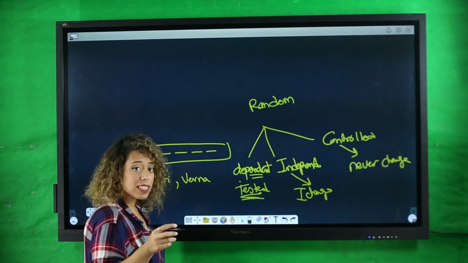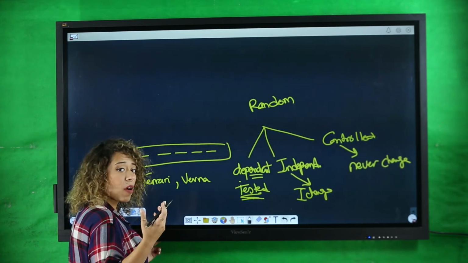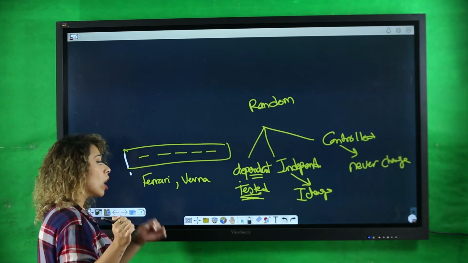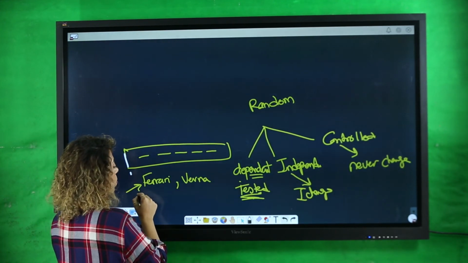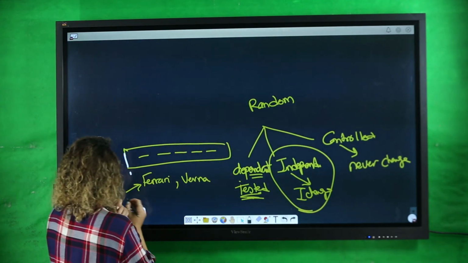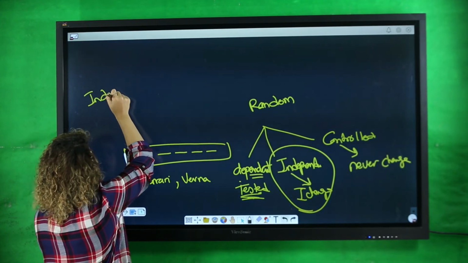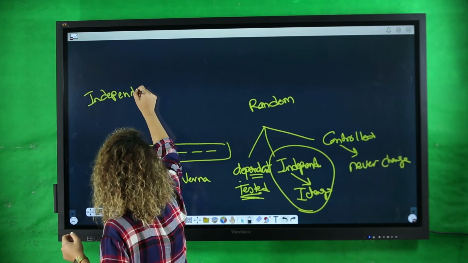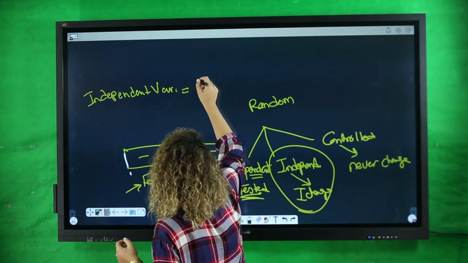And I want to test how much time they are going to take to finish this road. So what is the thing that I change? The cars, the types of the cars. So my independent variable is the types of cars.